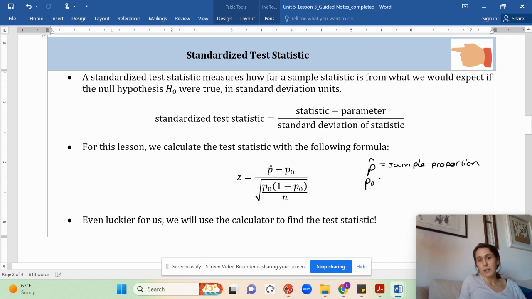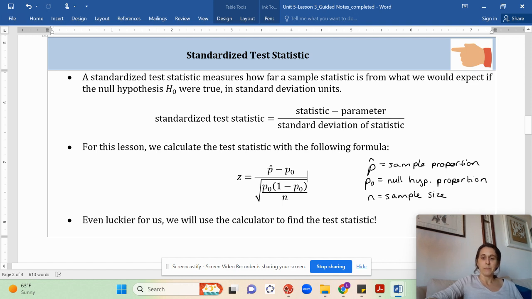And p naught is the proportion that we're testing against, or like our null hypothesis, or I'll write the null hypothesis proportion, what we're testing against. But we already saw what n is. n is the sample size. And so those will all be important for us, the sample size.